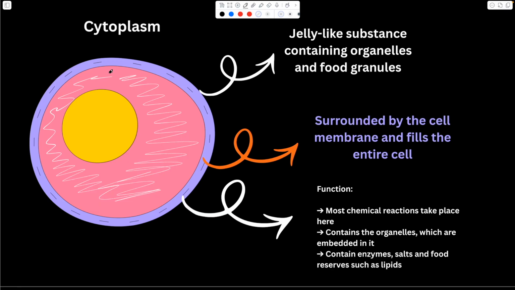So what are organelles? Organelles such as mitochondria, Golgi body, ribosomes, these are all organelles that are present in the cytoplasm. It also contains enzymes, salt, and food reserves such as lipid. Let's move on to the next slide.